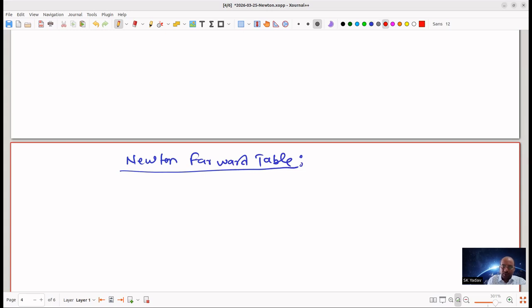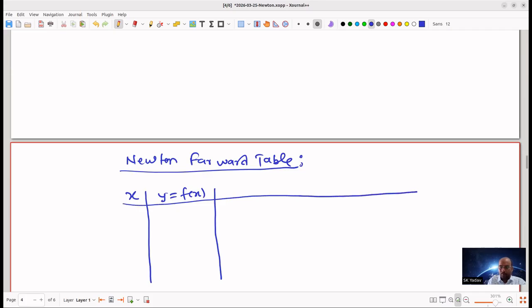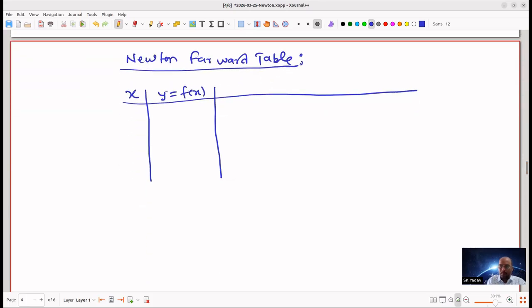So I need to capture the data points here. So x is the value given, y equal to f(x) given, so 1, 2, 3 and 4.